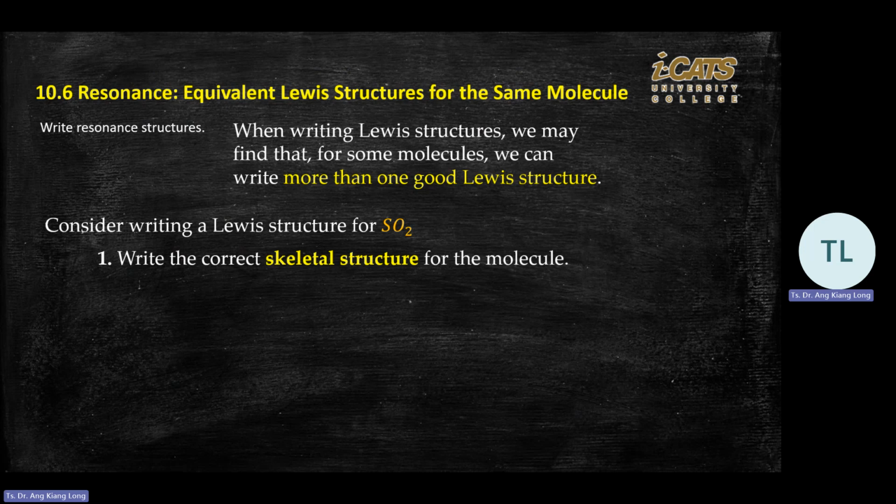All right. Now, resonance structure, you start with the previous steps, the 4 steps, same. First step, you write the skeletal structure. So S, group number, periodic table, group number six. So oxygen also 6, right? So skeletal structures, rules of thumb, if you see individual element, usually in the middle. So when you write the skeletal structure, S in the middle, O at the side.